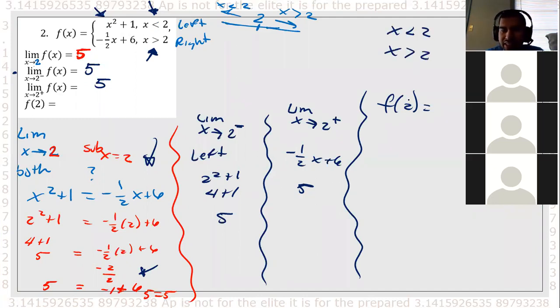Do any of them actually talk about x equals 2? No, so there's no answer. That does not exist, because none of these had the little bar, the little equal sign on there, greater than or less than, right? So that does not exist.